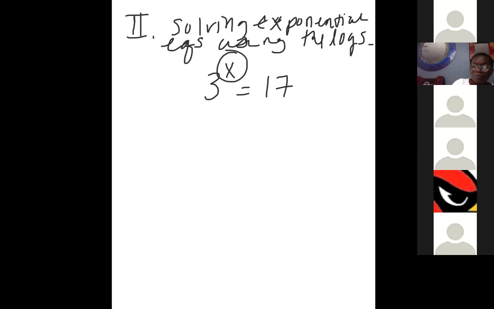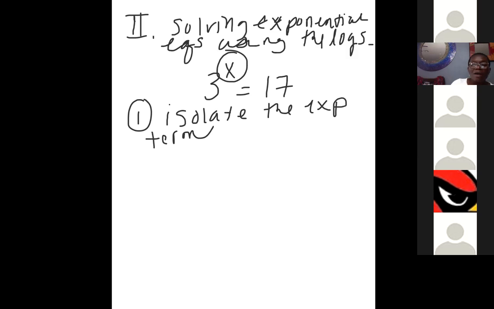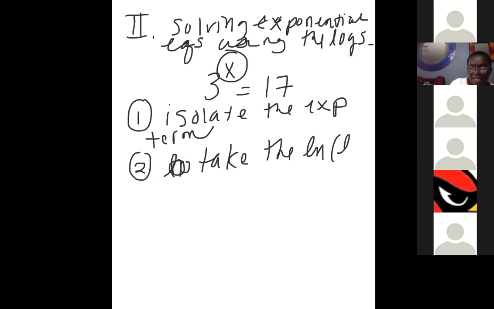Now, for these problems, the first step is to go ahead and isolate the exponential term, whatever that exponential term is. Once you have the exponential term isolated, number 2, you want to take the log here. Actually, I'm going to say it this way instead. Take the natural log, which is the same thing as the log of both sides.